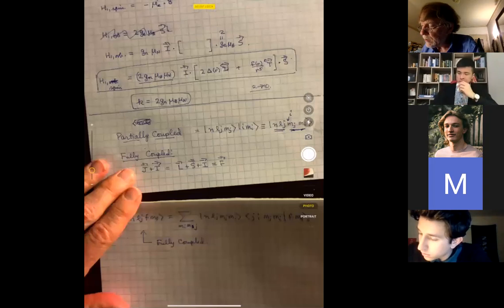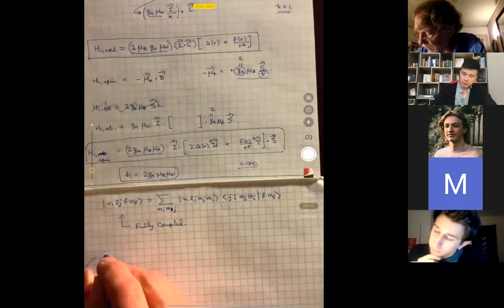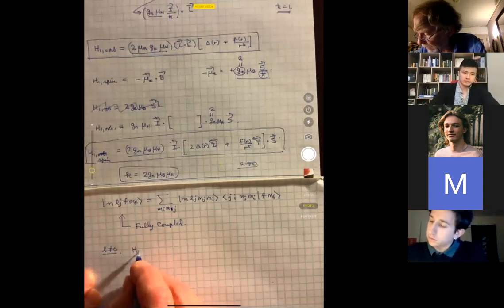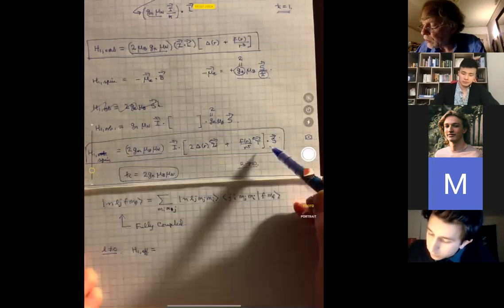So what that means is we end up with an effective Hamiltonian. For L not equal to 0, we end up with an H1 effective, which has both an orbital and a spin contribution.